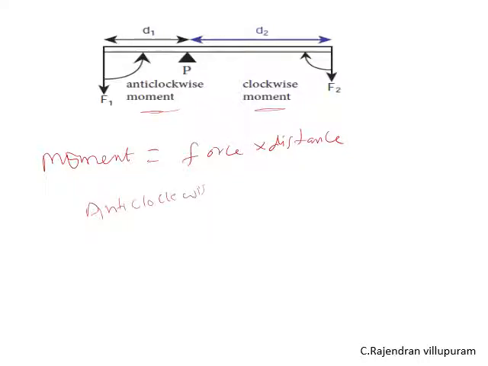Force into distance. So what moment have you produced? Anti-clockwise moment first. What is anti-clockwise moment? The product of force into its distance, F1 into D1. Similarly, what is clockwise moment?